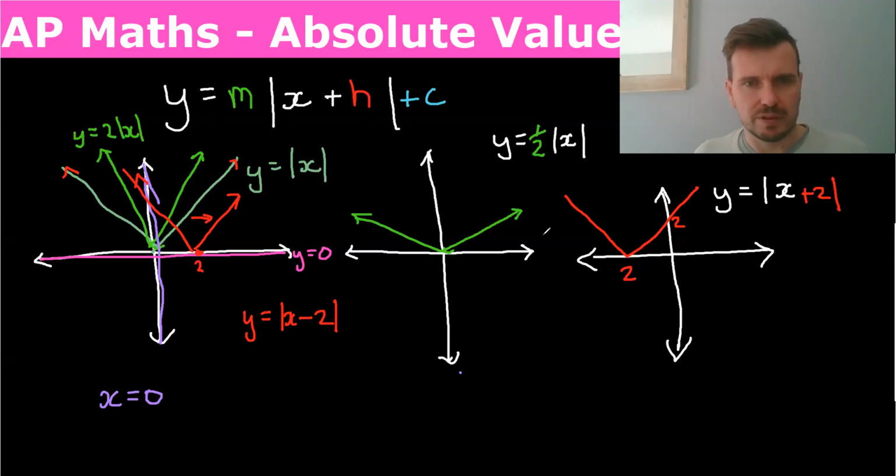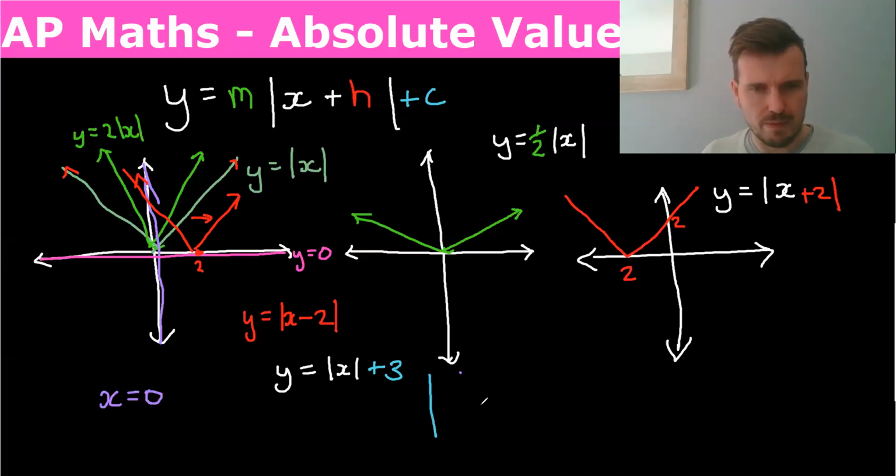Okay, and then the final thing is the plus c. Say plus 3, and that's going to shift it up by 3. So it won't always necessarily go through the x-axis.